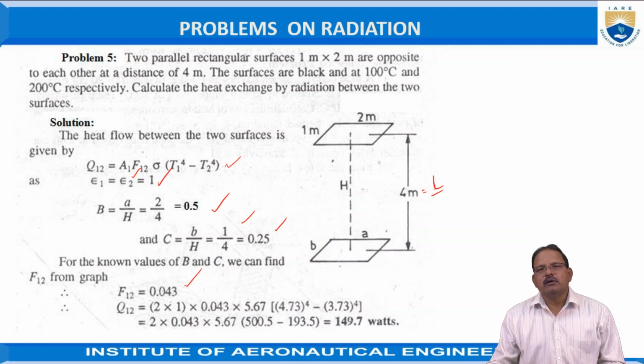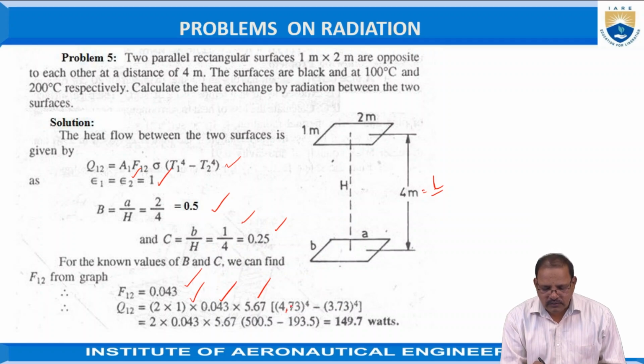So Q12, the amount of heat transfer from 1 to 2, is given by A1, the area, which is 2, into F12, which we already determined as 0.043, and sigma, which is 5.67, and the difference 473 to the power of 4 minus 373 to the power of 4.